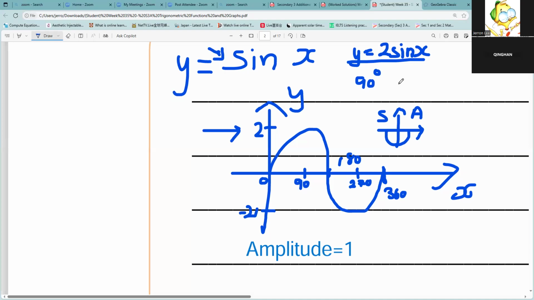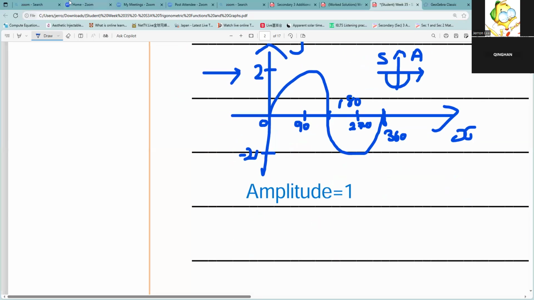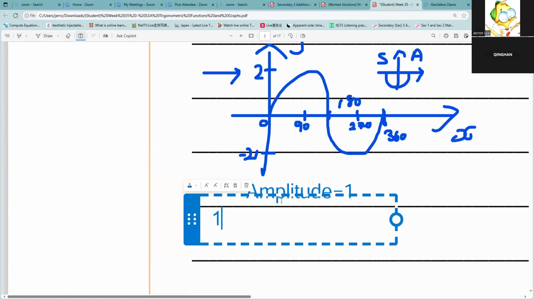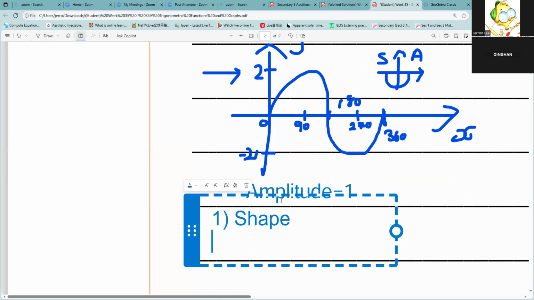So this is what I need you to know. The first thing to take away is the shape. Let me write that down; you probably want to write that down too. You need to know firstly how the sine wave looks, the shape of it. The second thing is the period. By default, a sine x has a period of 2 pi or 360 degrees.